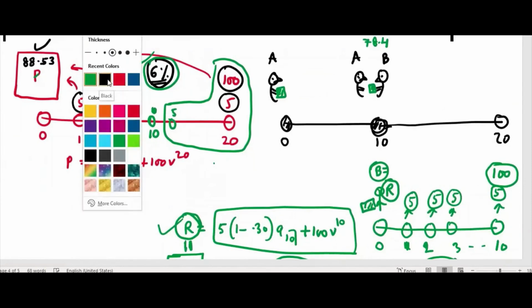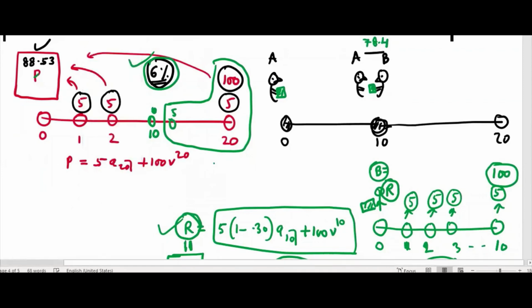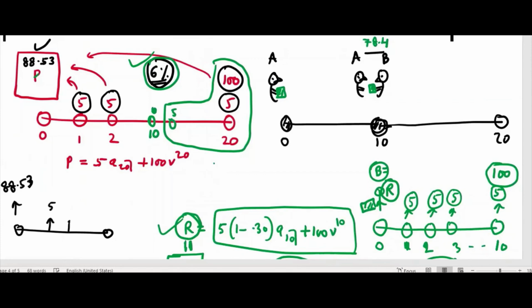Now, what is the redemption price for A? Redemption price is 78.4, because this is the last amount he got. So how much did he spend? That is the price he paid, 88.53. In respect of this investment, he received 5.5 at the end of each year for 10 years, and finally, when he sold, he got 78.4.